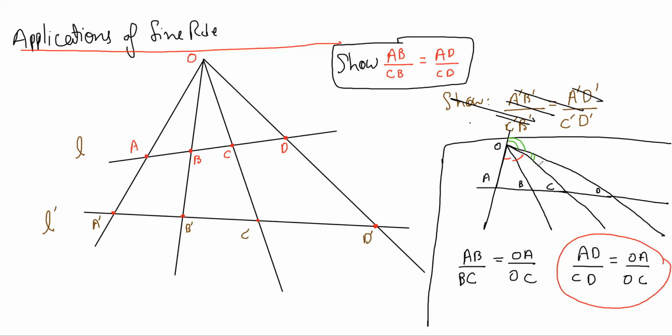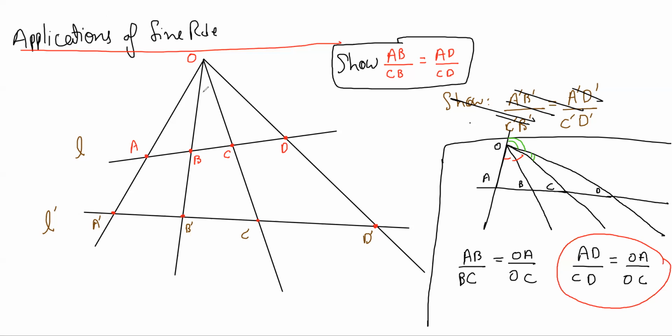Draw the picture and then try to prove this, and tell me next time. Then you can do the proof if needed. But this is the standard result. Then we are done. Now let us come back to this question.